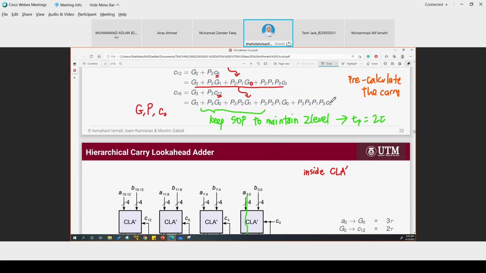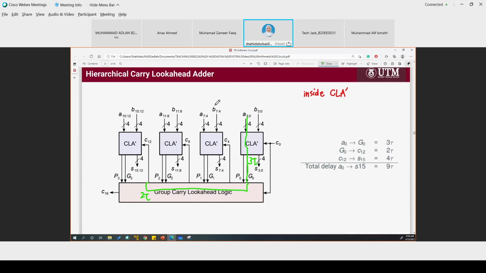And this circuit realization is inside this box. So this box will have 2 tau as a delay. Right? And then the last part is from C12 to S15. That is 4 tau.